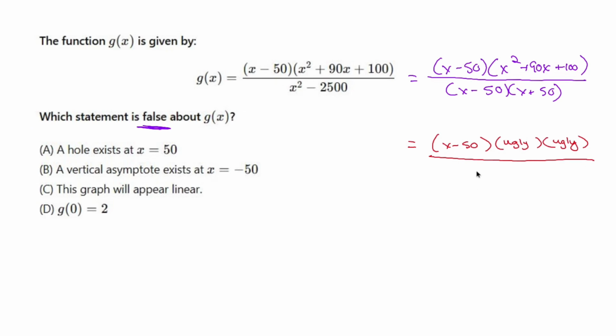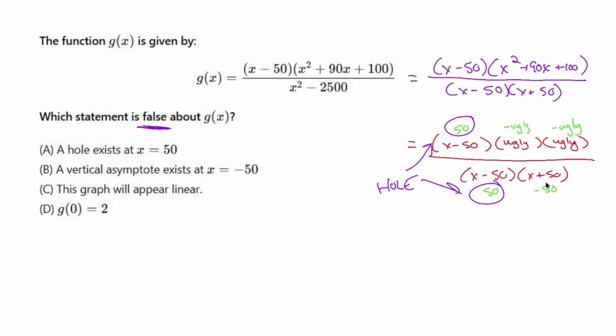Down here, you get x minus 50 and x plus 50. So the magic numbers here are going to be 50, some negative ugly number, another negative ugly number, 50, and negative 50. So at the very least, this is what I definitely know. The x minus 50 factors are the same, which means 50 is a hole.